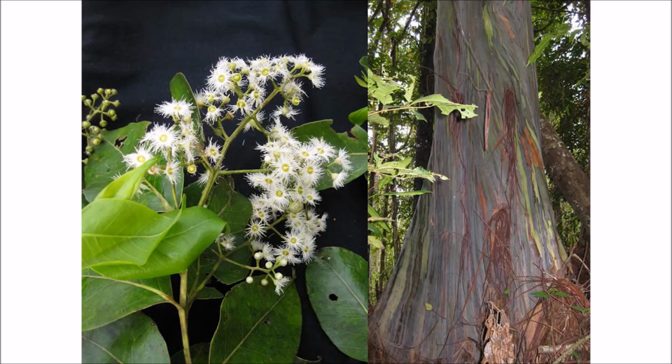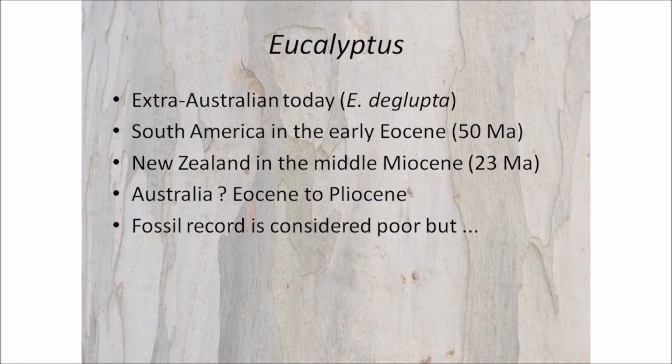We think of this group typically as an Australian group, but that early picture I showed you of Eucalyptus, this is actually an extra Australian species. This is the rainbow gum. So not an Australian species at all, one that grows outside the Australian region. So we've got extra Australian eucalypts.